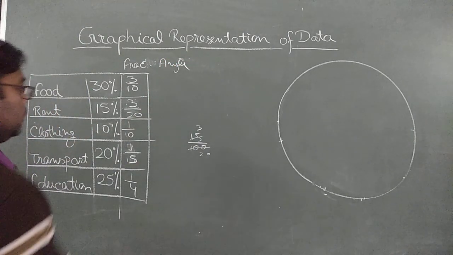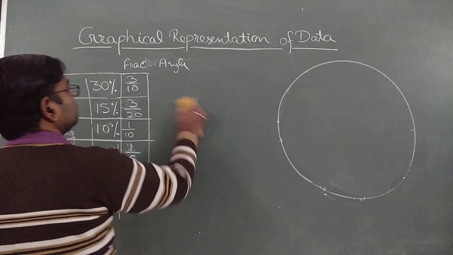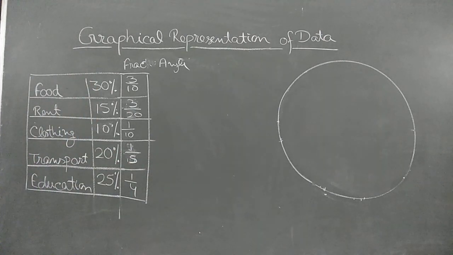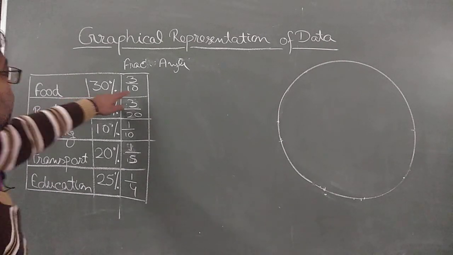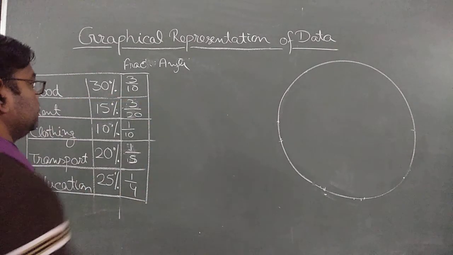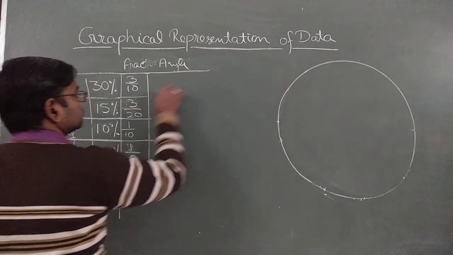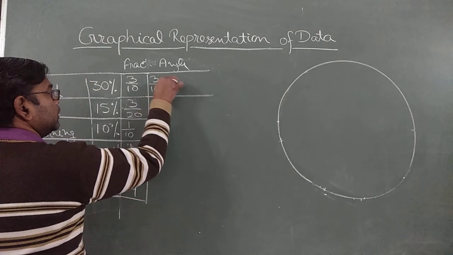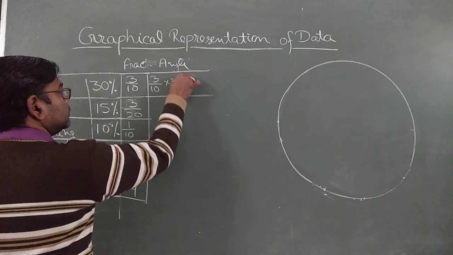So how do we find out the angle? This is the most important part. In this case we can easily find the angle by multiplying these fractions with 360. It is 3 upon 10 into 360.